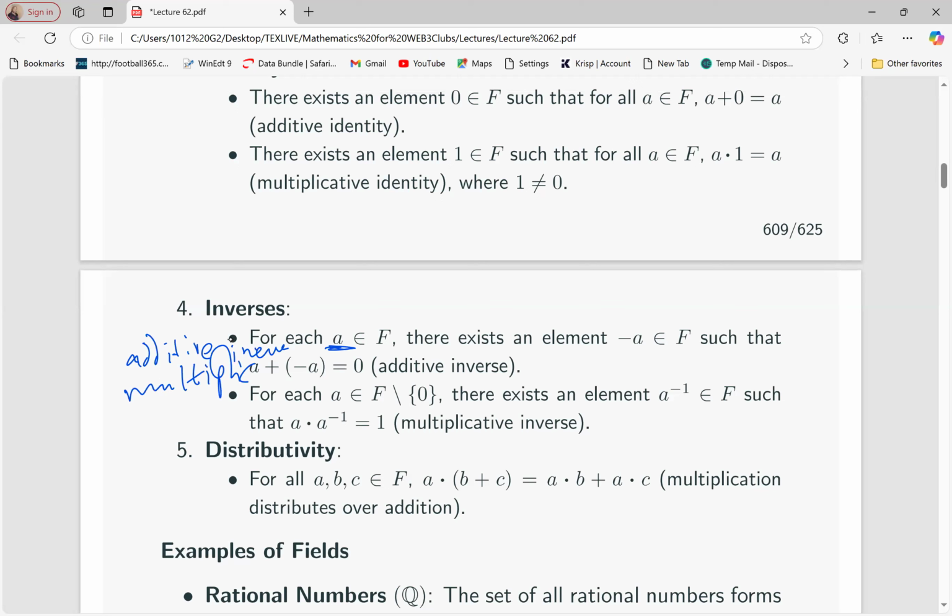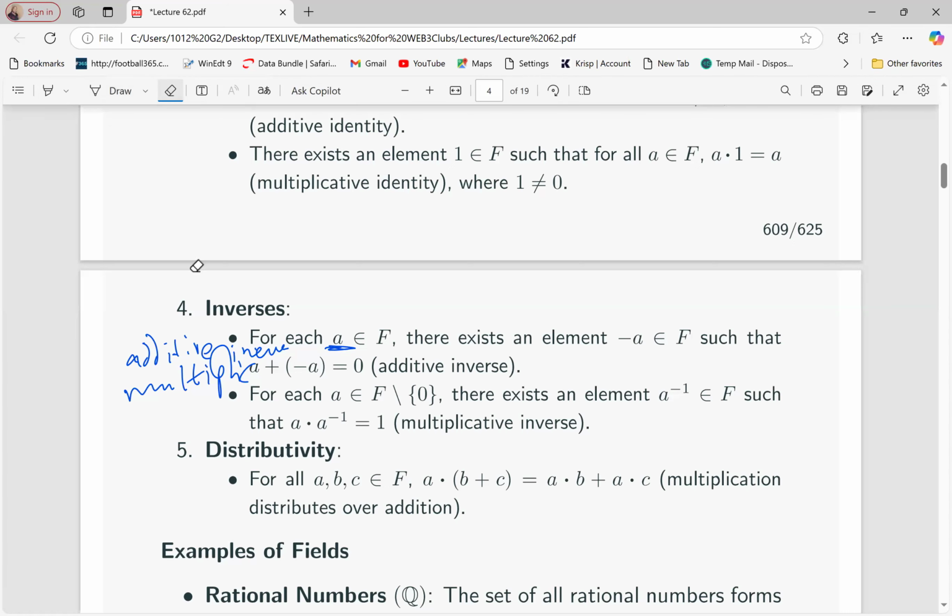Every element should have those two inverses: the inverse for addition and the inverse for multiplication. Every element.